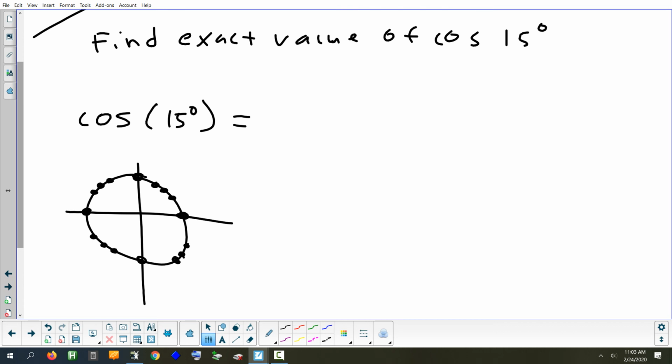Any one of those black dots, and there's 16 of them, we can do as an exact answer. They're all going to involve square roots of 3, square roots of 2, things like that.